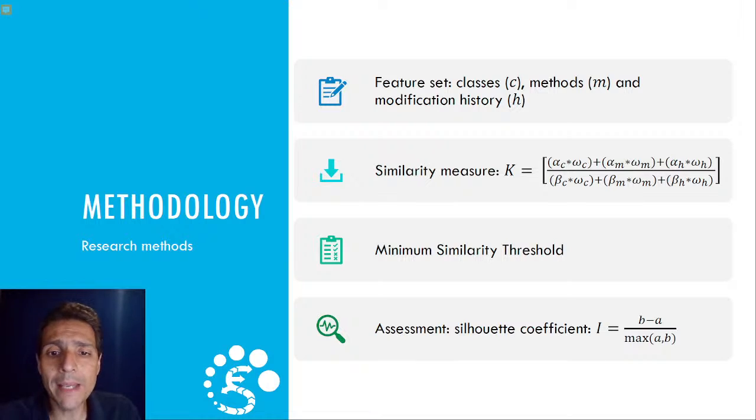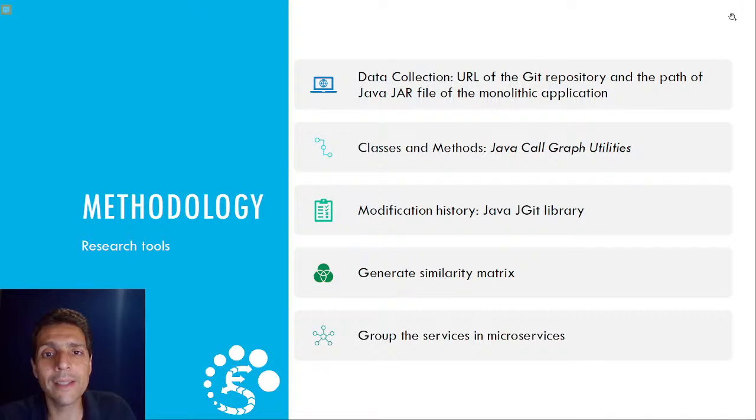What does good mean for microservice decomposition? If the Silhouette coefficient is high, it means that the elements inside the cluster, inside the microservice, have high coupling inside the cluster and low coupling outside, which is good. So we have high cohesion and low coupling without needing to know the domain.